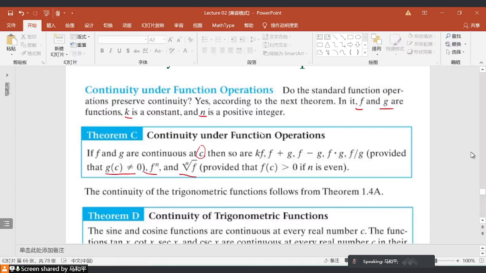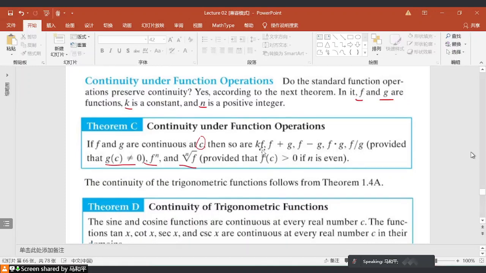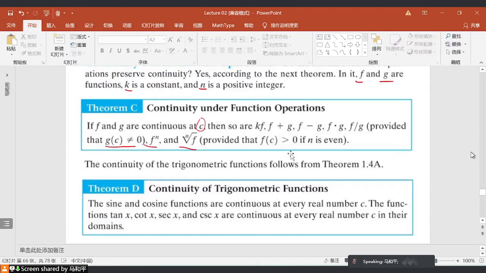So this is continuity under function operations. And theorem D tells us the continuity of trigonometric functions. It means the sine and cosine functions are continuous at every real number c, and the functions tan x, cot x, sec x, cosec x are continuous at every real number c in their domains.